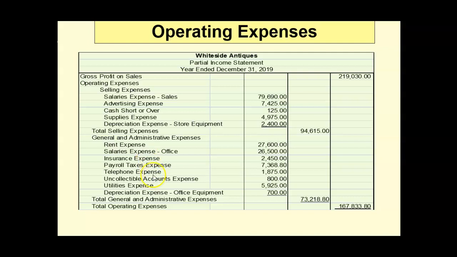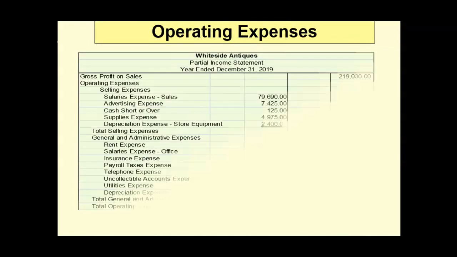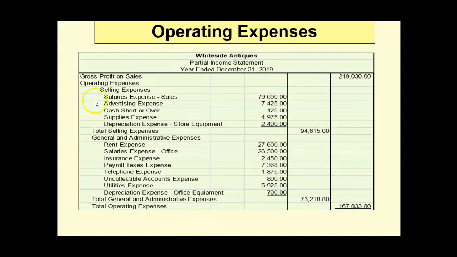When you have your general and administrative expenses, we call these indirect costs of selling the product. So now think about the corporate office. So rent for the corporate office, salary expense for those in the office like the president, the vice president. These are what we call indirect costs, known as general and administrative expenses.